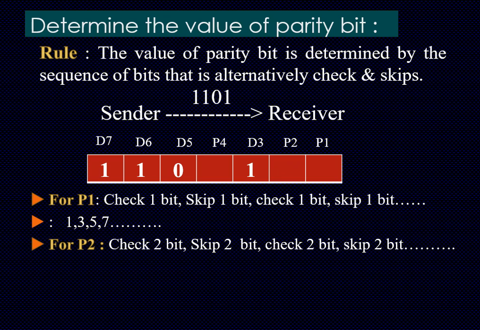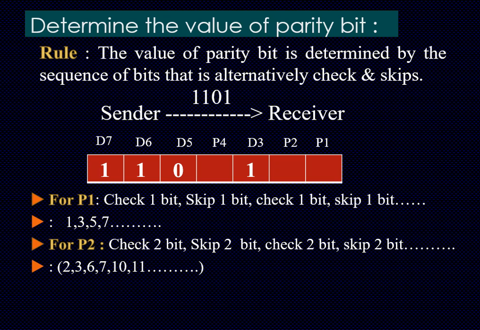Then skip 2 bits, that is 4 and 5. Again check 2 bits, 6 and 7. After that, again skip 2 bits: 8 and 9 have to be skipped. Again check 10 and 11. So this is the method to calculate the value of P2.